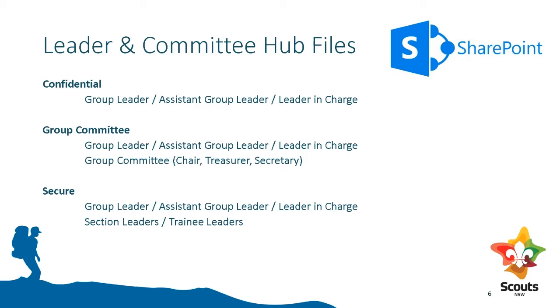You'll also have a group committee folder. The group committee folder can be accessed by the group leader, assistant group leader, leader in charge, but also the group committee. So that's the chair, secretary, and treasurer, as outlined in Scout Link. So just remember that those permissions are driven by Scout Link. So think about that as your executive team of your group.